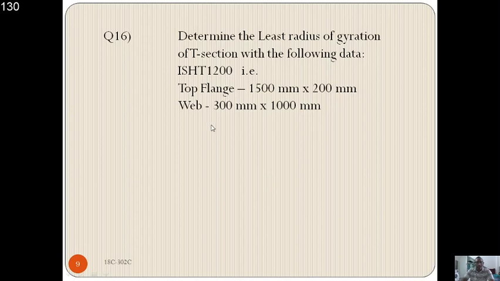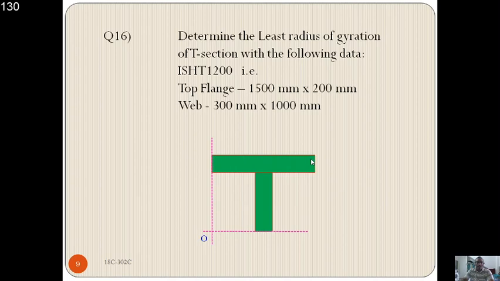With this dimension, draw the figure and place it into the first coordinate quadrant to determine the centroid and inspect the symmetrical axis. This 1500 is the top flange, hence this portion 1 is the first portion, so this would be 1500 and this is 200.